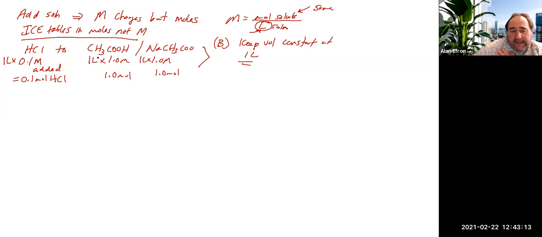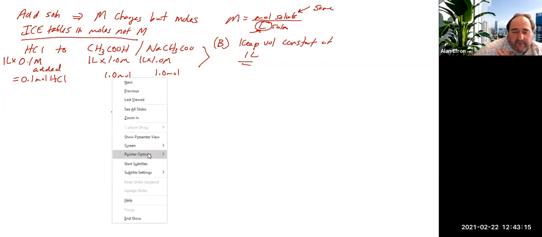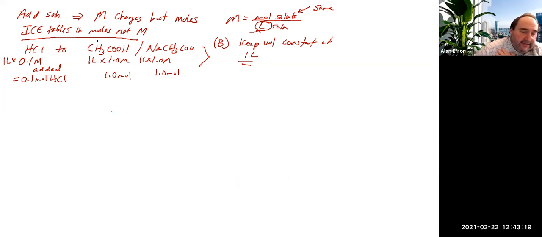Also really important is recognizing what you are looking at when you look at a buffer. This is acetic acid, so that's obviously our acid part. This is our sodium acetate, which is our base part of the buffer. So when I add hydrochloric acid to it, that is an acid, which means it should react with the base part.